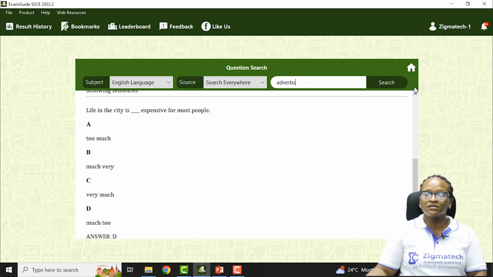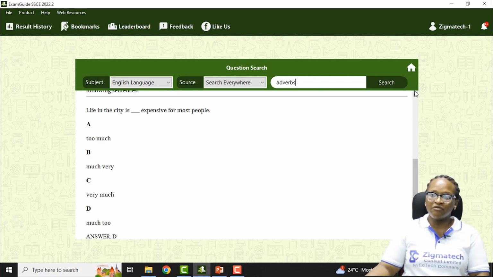It says life in the city is dash expensive for people. Very much too expensive. Remember, if you say very much, that means very is a positive word, so you obviously can't use it. It's too much expensive?